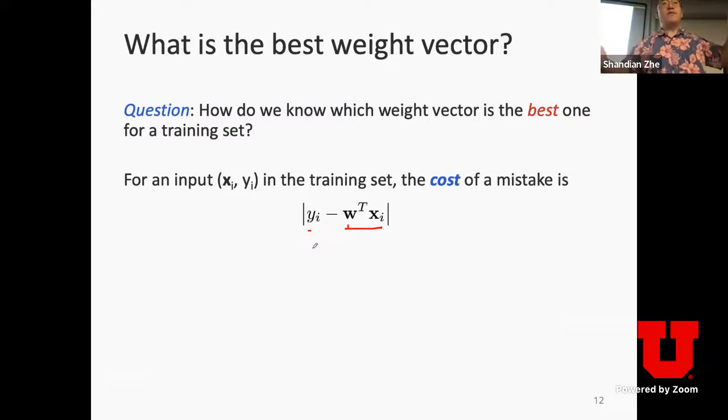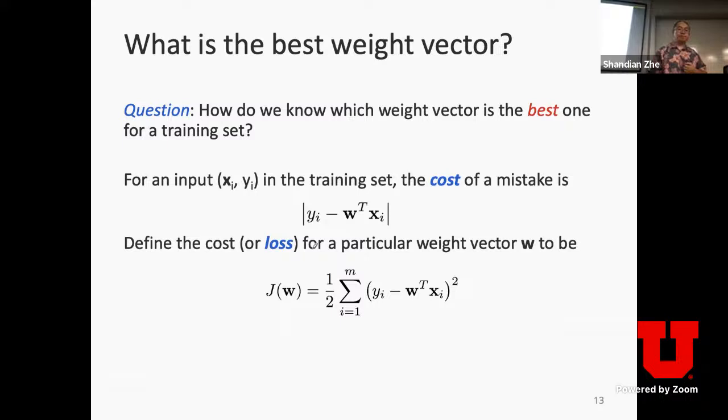So you can use the absolute value of the difference between your prediction and the ground truth as a measurement of cost. And then I can look at, for every training example, what is my current model in terms of cost, right?